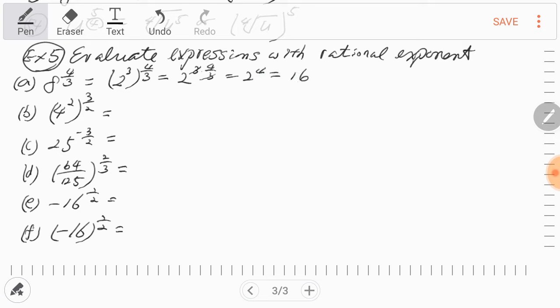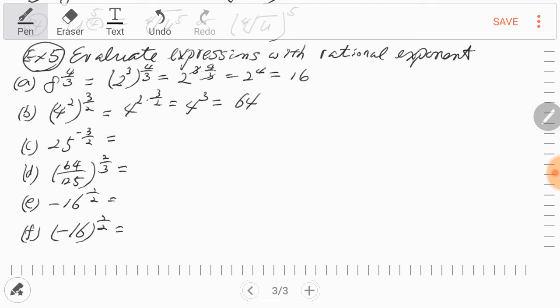Okay, the next one. Let's multiply the exponents, so 4 to the 2 times 3/2, then 4 cubed, the 2s cancel out, and 4 cubed is 64.